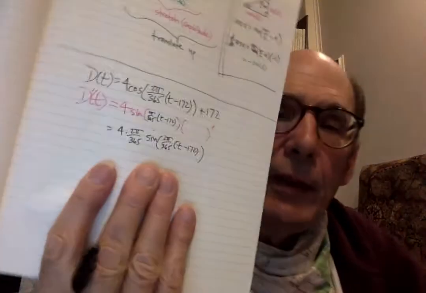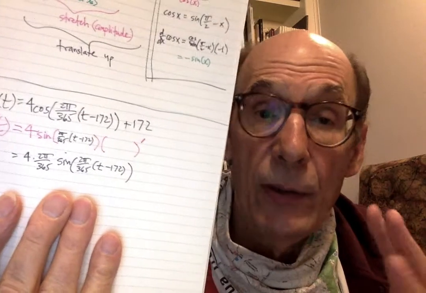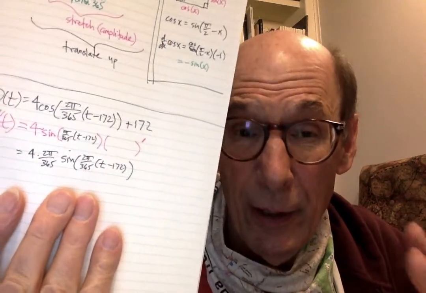So we've got 4 times 2 pi over 365 times the sine of this complicated thing, 2 pi over 365 times t minus 172. Okay, so there's the derivative. I've used the chain rule and done a little bit of simplification, but not much. I'd really rather let calculating machines calculate than me calculating.